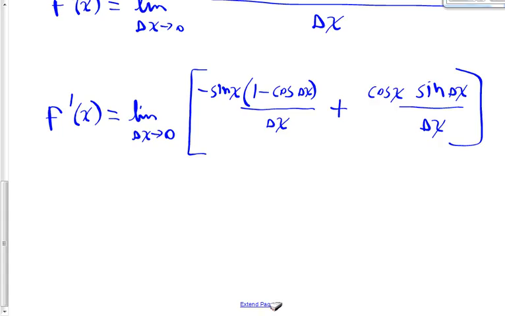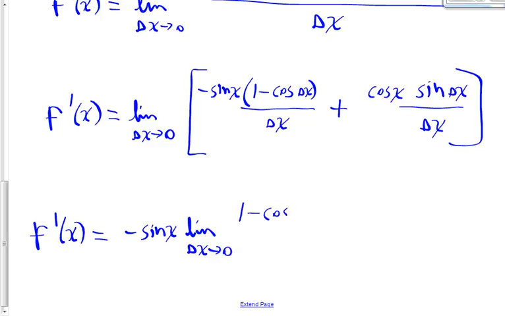All right, so in terms of delta x, the factor sine x is a constant. So f prime of x can be written this way. Negative sine x times the limit as delta x approaches 0 of 1 minus the cosine of delta x over delta x, and then plus.